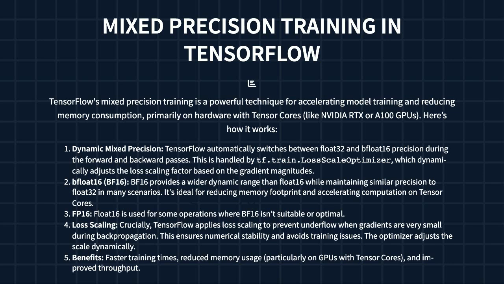Then, if needed, it might use float16 in certain parts of the calculations. The key thing is loss scaling. TensorFlow dynamically adjusts how much you scale your loss values during backpropagation. This prevents tiny gradients from causing problems and ensures everything stays stable. By doing this intelligently, you get faster training times, reduced memory usage, and a more efficient process overall.